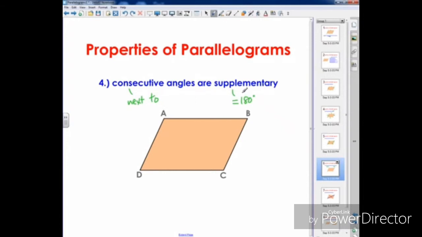So in our example a while ago, angle A is equal to 120 degrees, angle C is 120, angle B is 60, and angle D is 60. If we add 120 and 60, the sum is 180. 60 and 120, the sum is equal to 180 degrees. 120 plus 60 is 180 degrees. So therefore, property number 4, consecutive angles are supplementary.